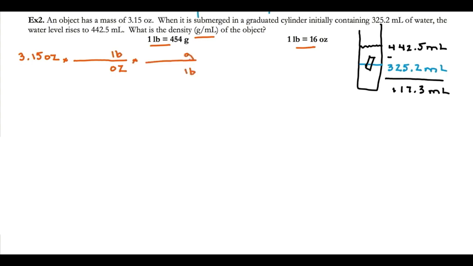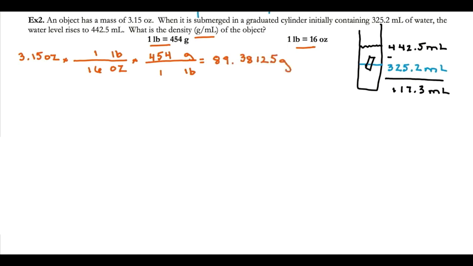So 1 pound has 16 ounces. 1 pound has 454 grams. So I'm going to take 3.15, divide by 16, and then multiply by 454. And what I end up getting is 89.38125. Now notice I'm not rounding this value.